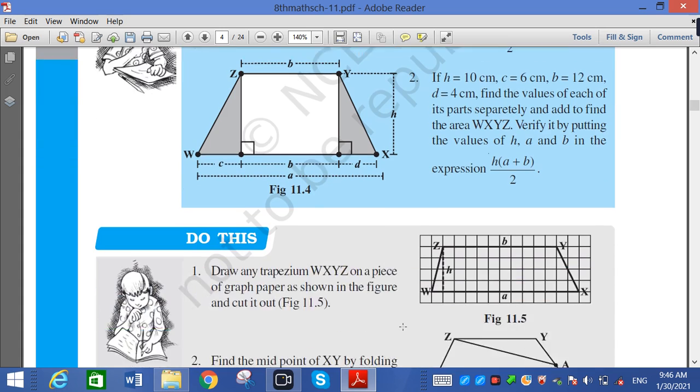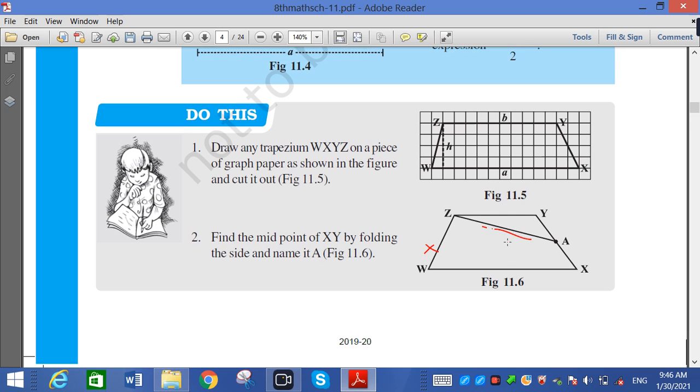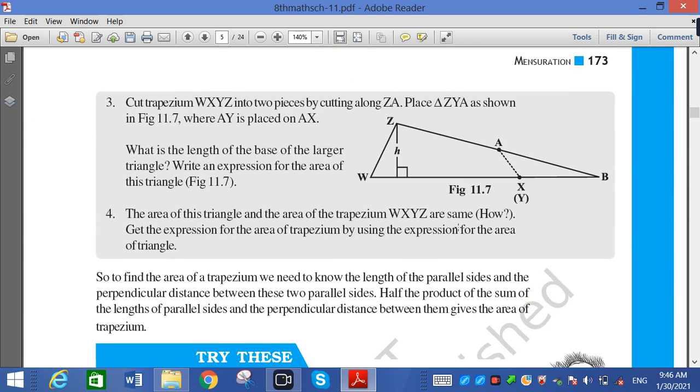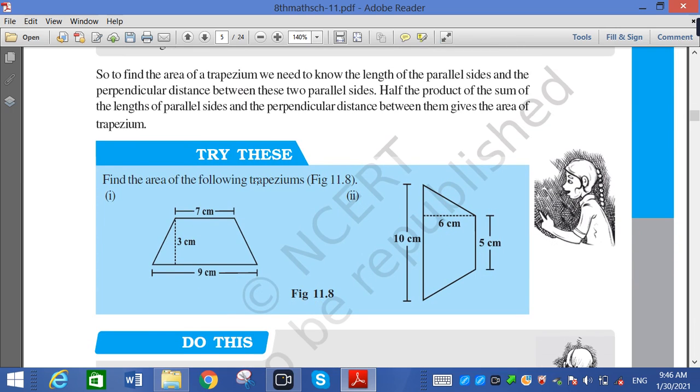Now different types of sums are there, all trapeziums. It is a trapezium, but here it is not the height. Now sums are important for us.